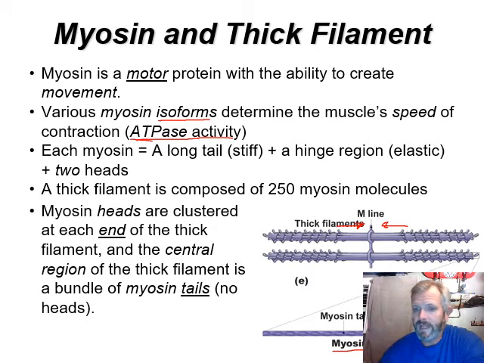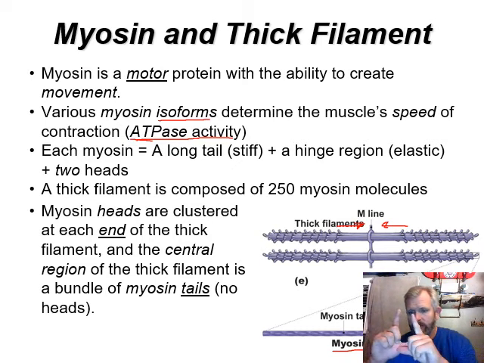A fast twitch muscle is going to have faster ATPase activity, and we're going to be able to move that molecule quicker. The slow twitch won't move as quickly because we can't cleave the ATP as quickly, and the power stroke is slower, and therefore it's slower to contract. Our fast twitch is very quick to contract, our slow twitch not as fast.